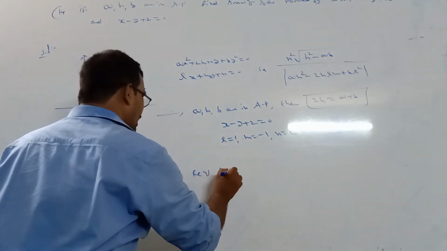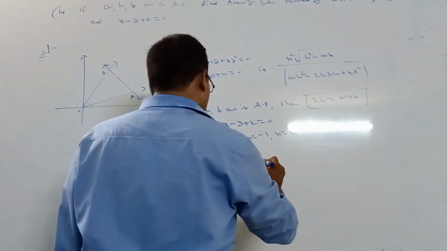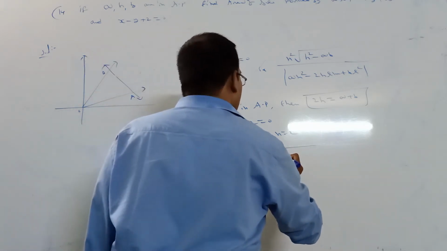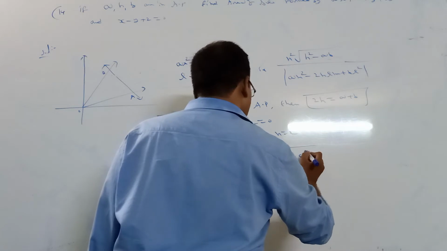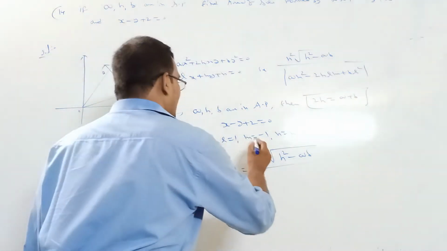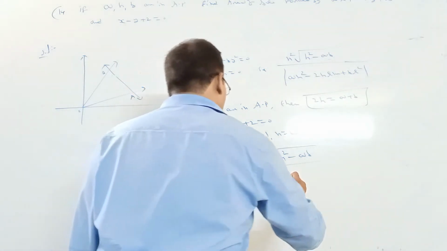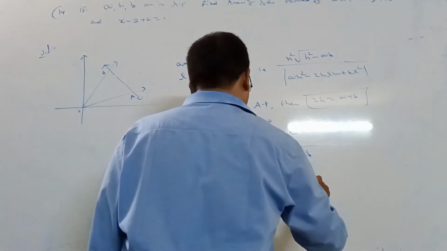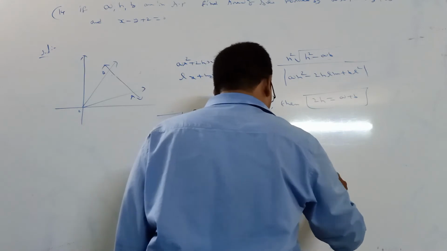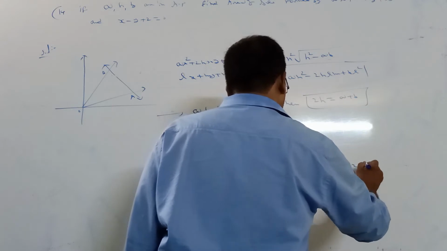Required area: n square means 2 square into under root of h square minus ab, as usual by modulus of am square, a is a, m square means minus 1 whole square, minus 2h into lm, 1 into minus 1, plus bl square, b is b, l means 1.